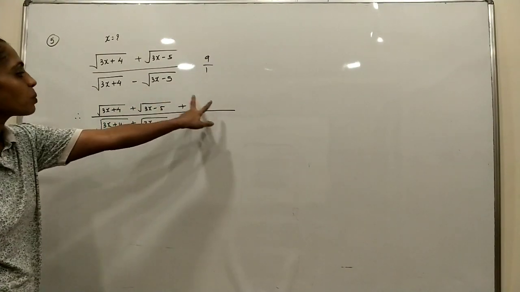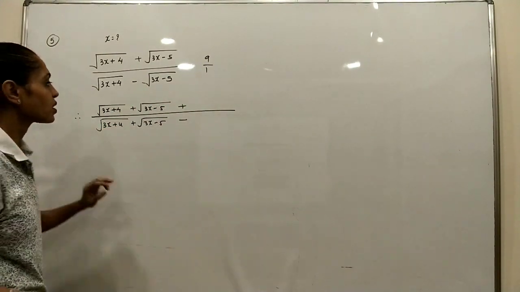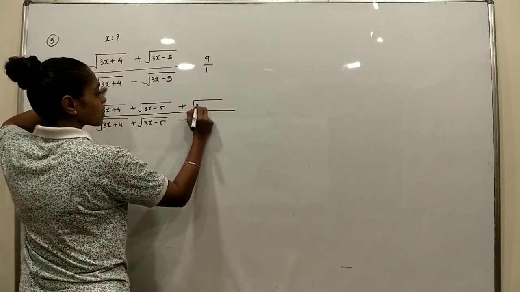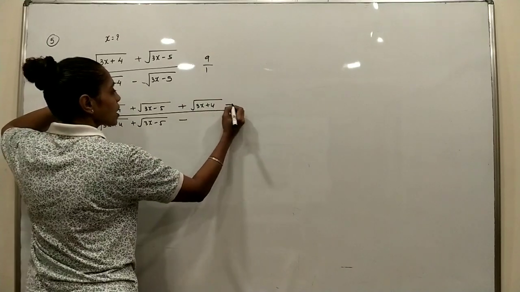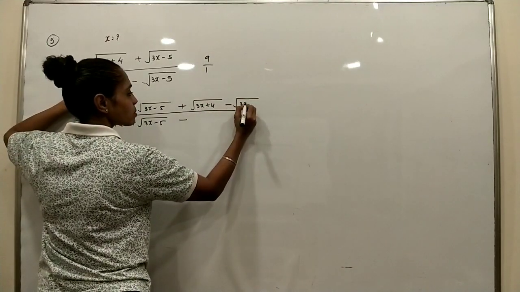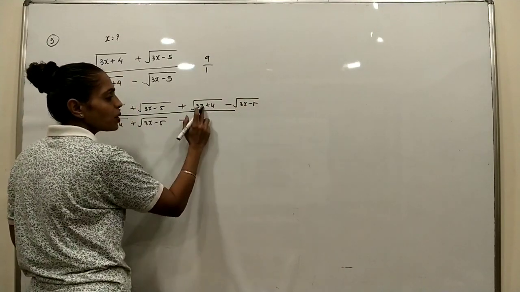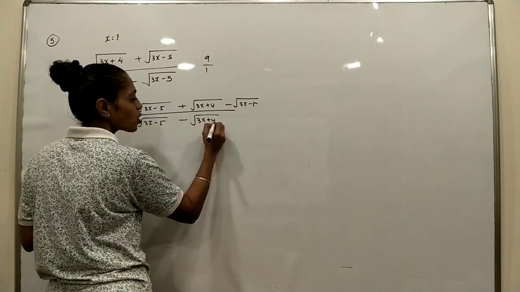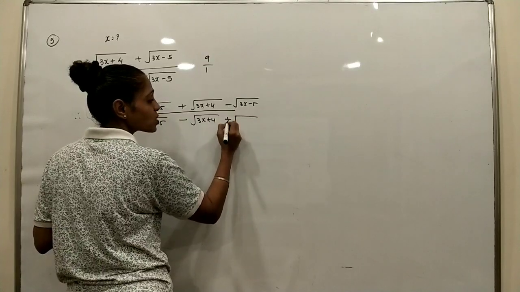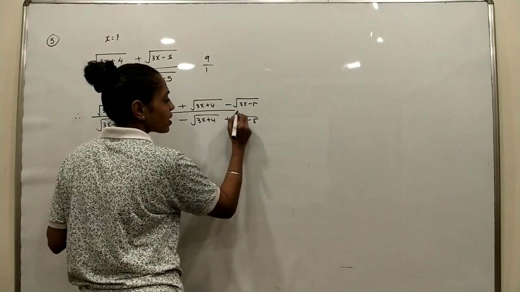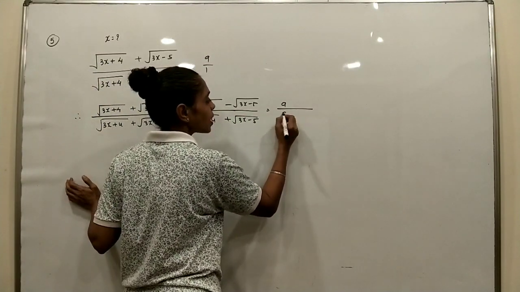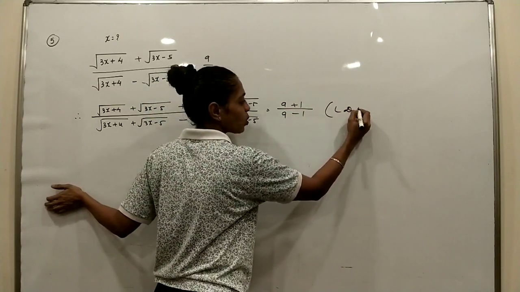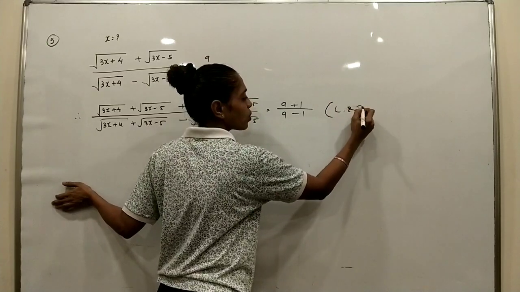Plus denominator is root of 3x plus 4 minus root of 3x minus 5. Now for minus denominator, both the signs will change, so minus root 3x plus 4, plus root of 3x minus 5. That is componendo and dividendo.